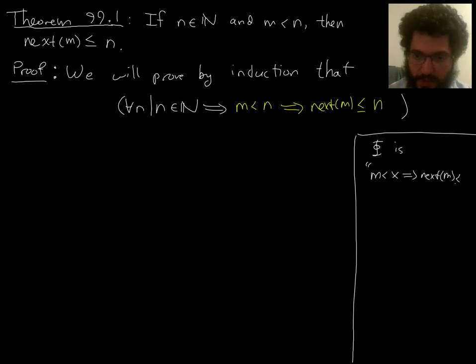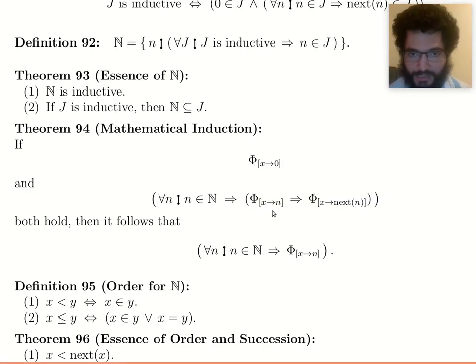This is what I mean when I say we're doing induction on n. That's the position where the n was, where I'm putting an x here. That's the variable that's going to get replaced by 0 for the base case, and by n for the induction hypothesis, and by next n for the goal of the induction step.